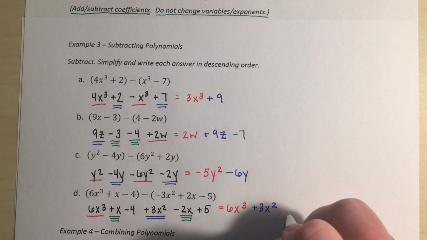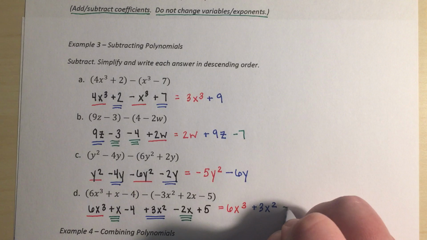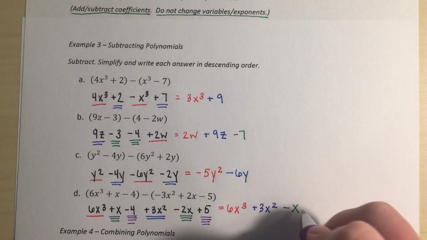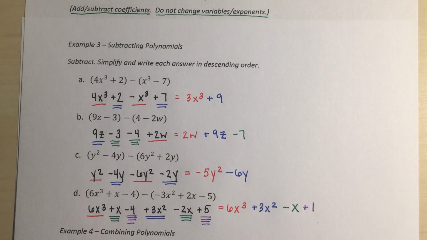Those are like terms. Positive 1 and negative 2 is going to give us a negative 1. Right? So again, we can drop the 1 out front, make it invisible, so we have a negative x. And then we're going to finish it off with our negative 4 and our positive 5 which is going to give us a positive 1 when we subtract and take the sign of the larger.